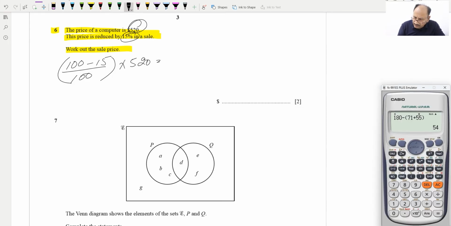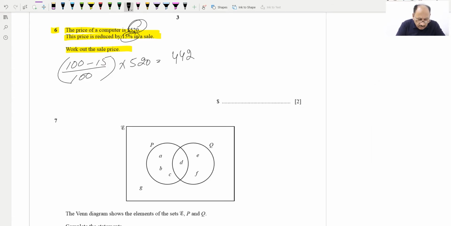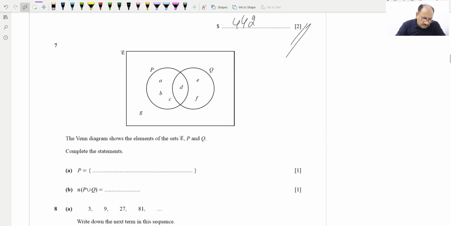So 100 minus 15 over 100, multiplied by 520, and the answer will be $442 for 2 marks.